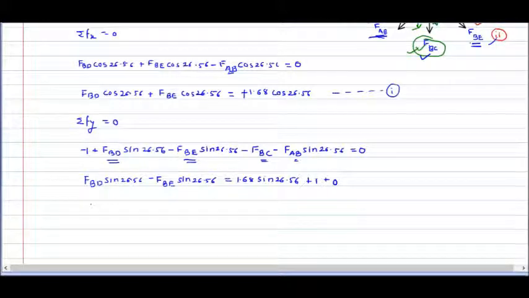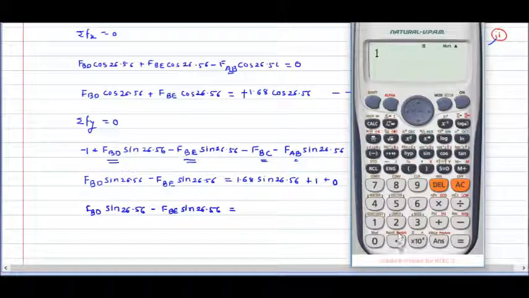Now this equation will become force in member BD sine of, so this is equal to, you can simply calculate this thing, it is 1.66 sine of 26.1.75. So the value we are going to get here is 1.75.